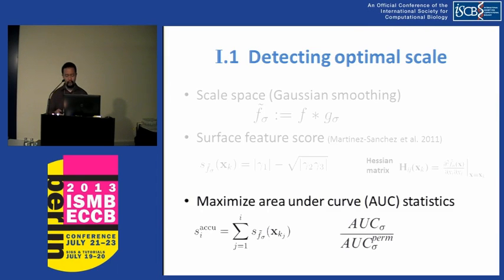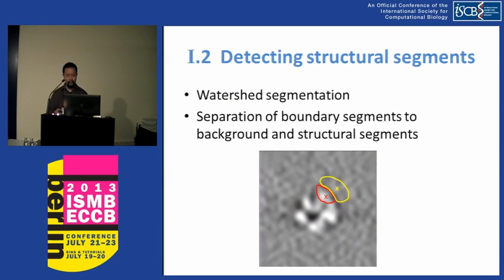And we repeat such a procedure on a permutated subtomogram as a control, and we try to find the optimal scale sigma that maximizes such area under the curve ratio. So after the detection of the optimal scale, we find all the local maxima and perform a watershed segmentation.